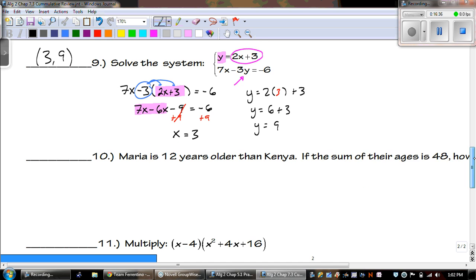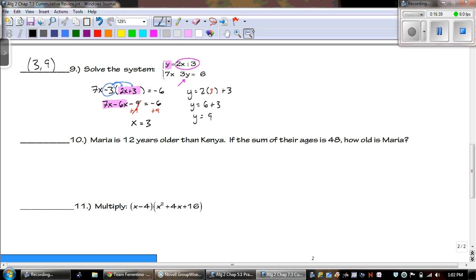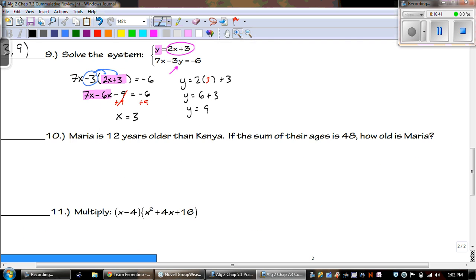Okay, the next one. Let's zoom out so we can read the entire question. So Maria is 12 years older than Kenya. If the sum of their ages is 48, how old is Maria? So the first thing we need to know, I'm going to say that x equals Maria and y equals Kenya.